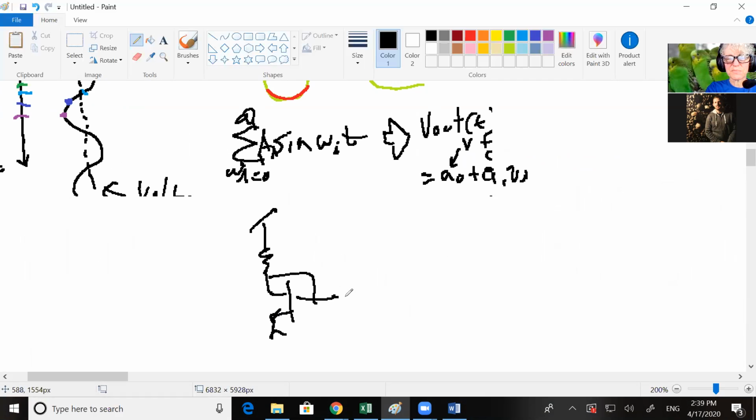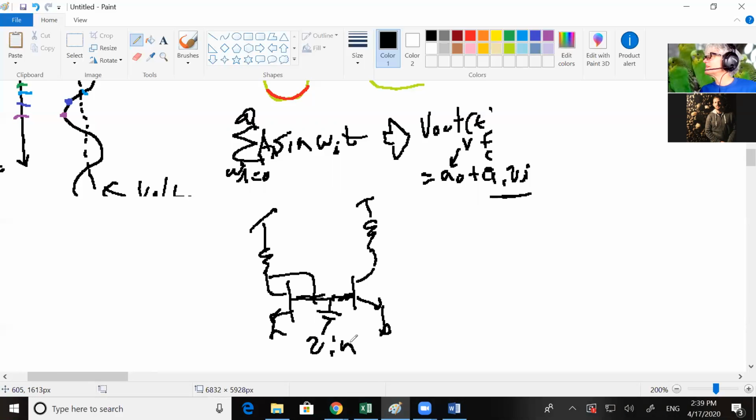And again, you can do this with MOSFETs or BJTs. That'll give you the DC voltage there. And then on top of that, you add the input to it through the AC coupling capacitor that just lets the moving part of the signal through, and then you get your V out.